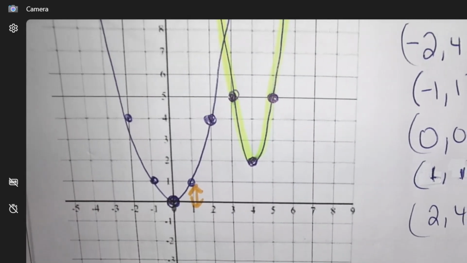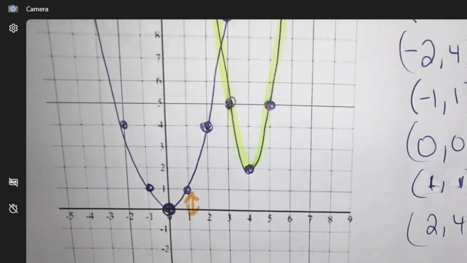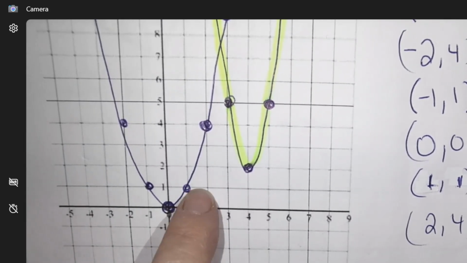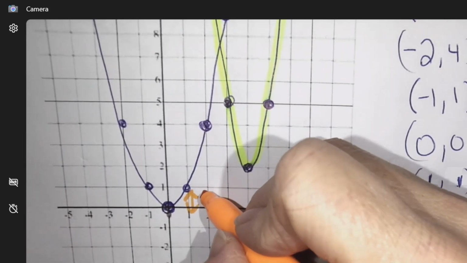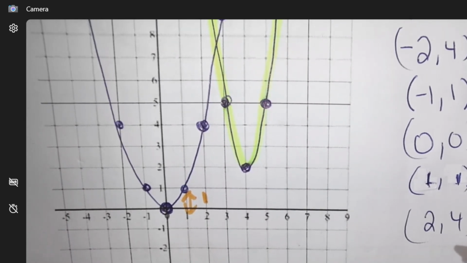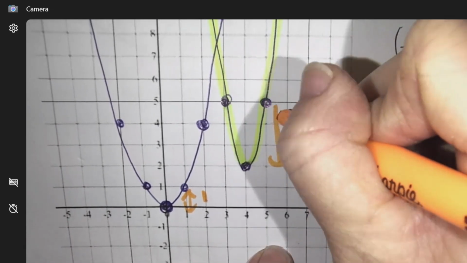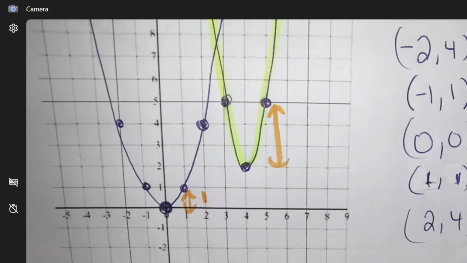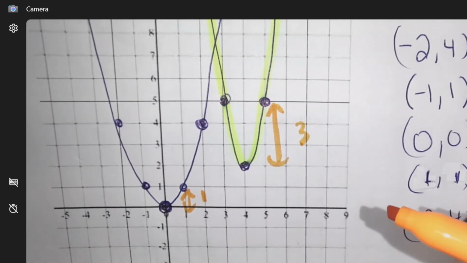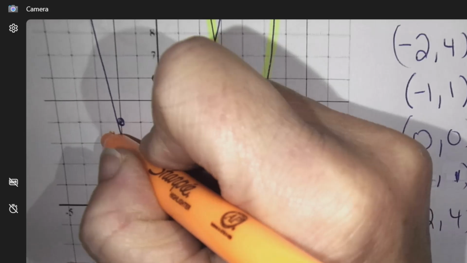How much vertical space is in that zone right here from this point to this point? They're 1 apart. How much vertical space are they apart from each other now? 3. Same thing.